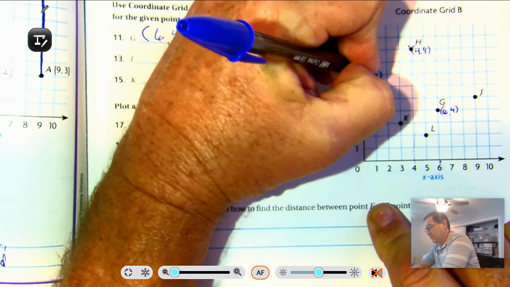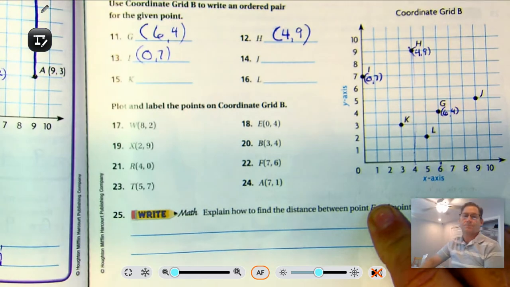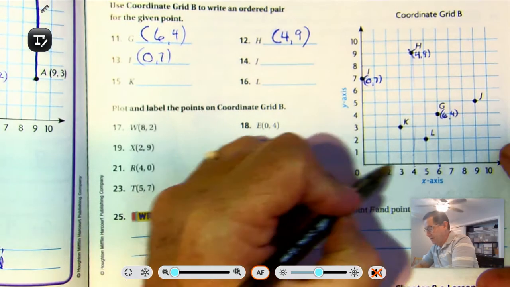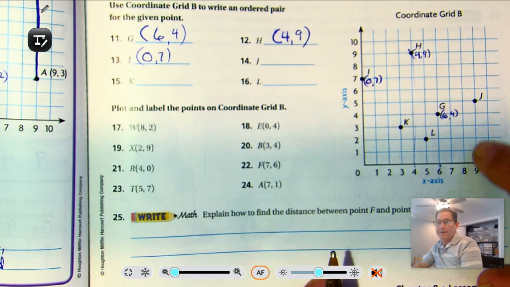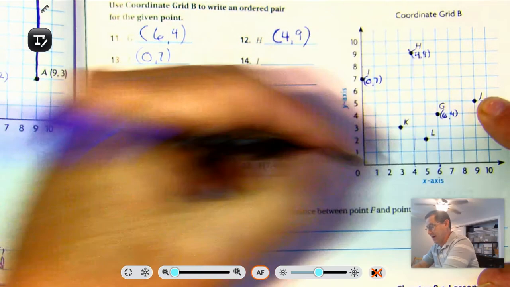So we're going to say 0, 7. All right, J. J, we're going to go over 9 and up to 5. 9, 5.